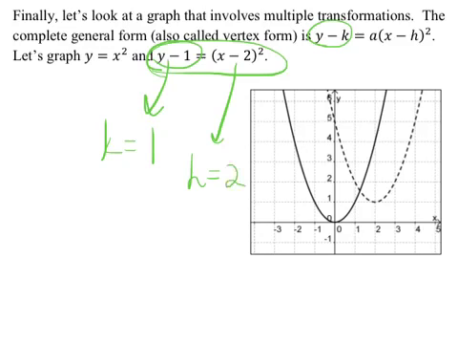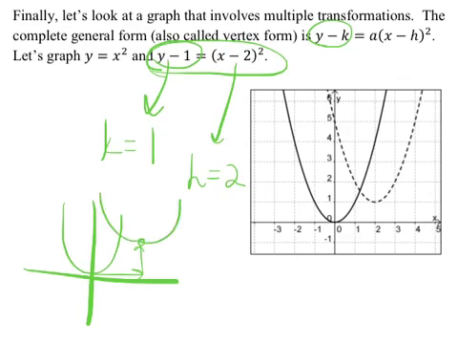So this tells me that there is a horizontal shift. So here's the original. There's a horizontal shift over 2 and up 1. And that's where the new vertex is going to be. And that's what we're seeing here. We see the shift over 2 and then up 1. And here's the vertex. So what can I say about the vertex location? Is it always going to be dictated by what?